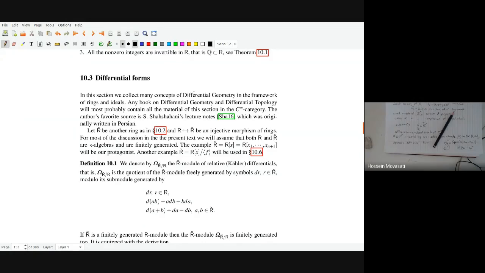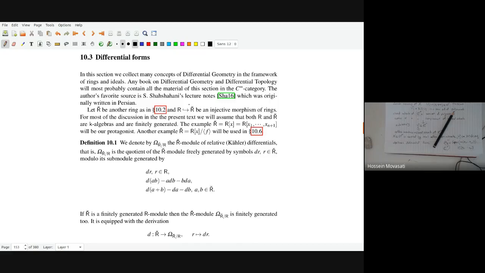We have to get familiar with the concept of differential forms in the purely algebraic framework. Maybe, well, let me start from a purely algebraic framework in this way. So if you have two rings, R and Ř, at the end I want to define this concept of Kähler differential forms.